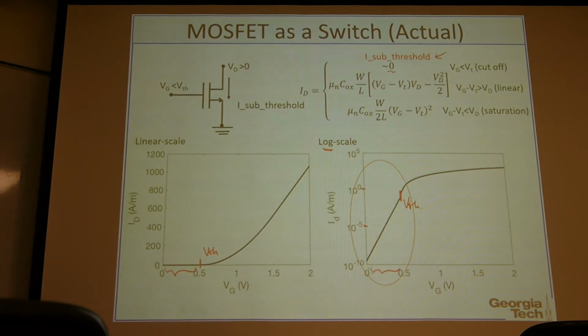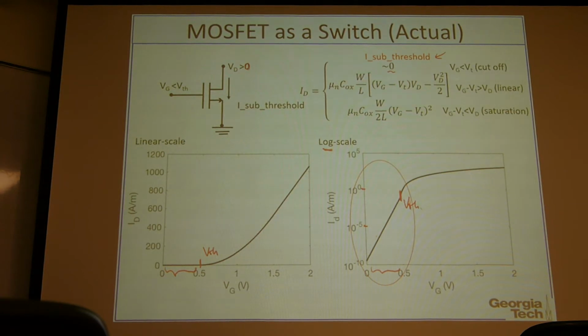Of course, we need to have some drain current. This subthreshold current happens when the gate voltage is smaller than the threshold, but you still have a non-zero positive drain voltage. The drain voltage needs to be larger than zero.